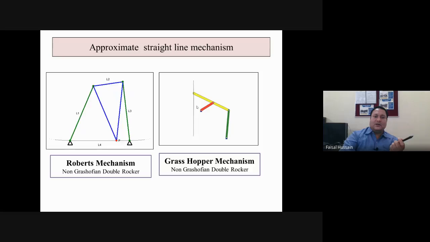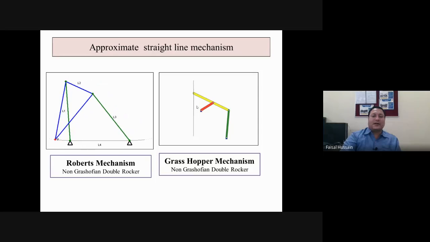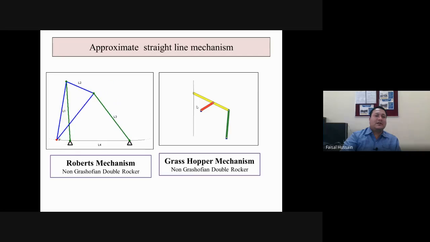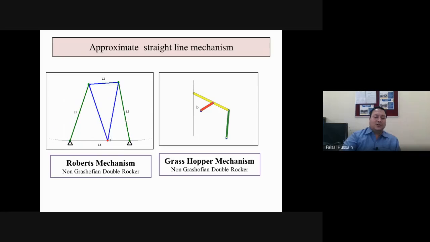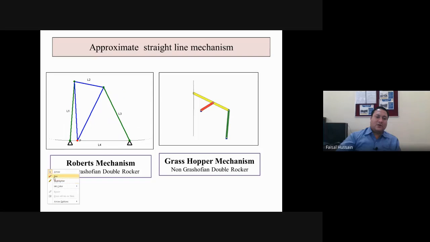Now, these are also approximate straight line mechanisms. One is your Roberts mechanism, and the other one is your grasshopper mechanism. So the Roberts mechanism is non-Grashofian. Non-Grashofian means it does not obey Grashof's law. And what is Grashof's law? Grashof's law states that the sum of the longest and shortest link should be less than or equal to the remaining two links.